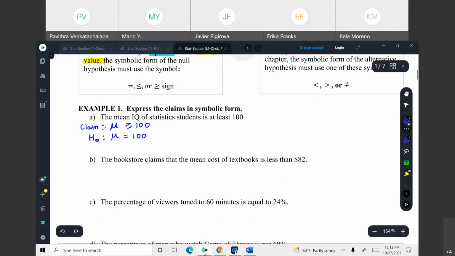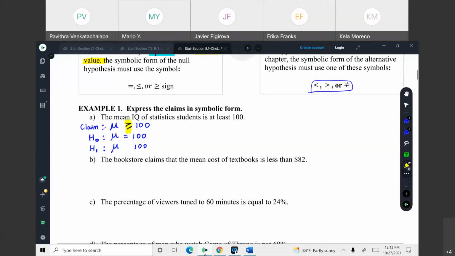Okay. Now next is H1. H1 is the alternative hypothesis. Now for H1 we have three signs: less than, greater than, or not equal to, right? Now how do you choose this sign? To choose that, you have to observe this value. If the claim is greater, then you will say alternative is less.